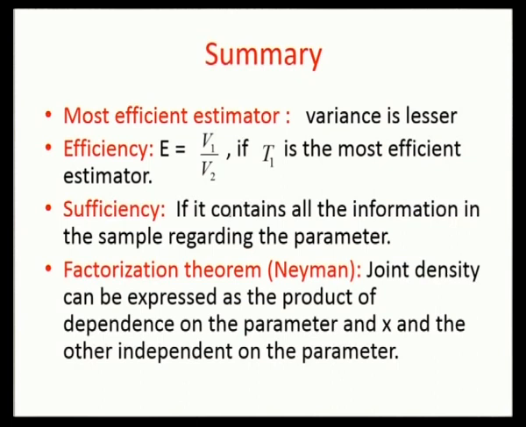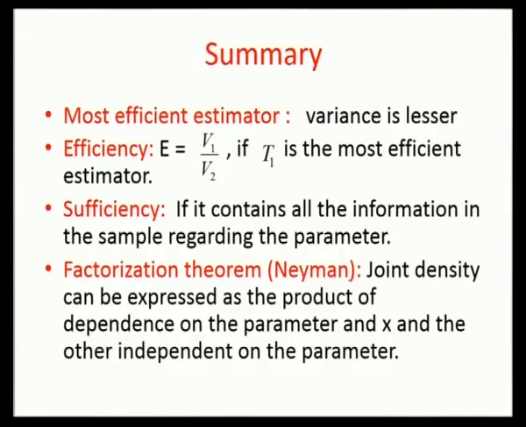Next, we have discussed the concept of sufficiency, where sufficiency is defined as the one which contains all the information in the sample regarding the parameter. Now, to tackle the problems of sufficiency, we have discussed the factorization theorem due to Neyman, where the joint density function can be expressed as the product of a term that depends upon the parameter and x, and another which is independent of the parameter.